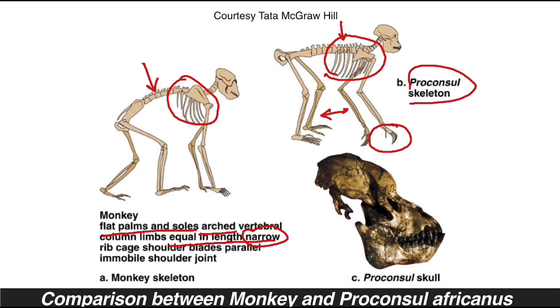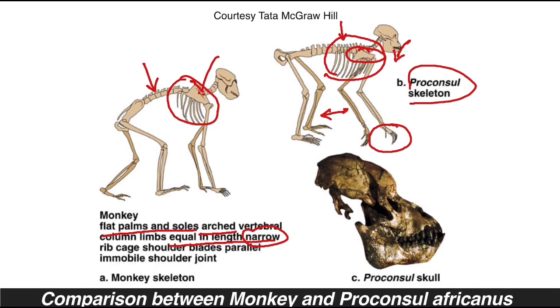Shoulder blades are parallel here in the monkey, but if you see the shoulder blades over here, they are not parallel, they have shifted a little down like what is there in us. Further, the shoulder joint is immobile in the monkey, but here the shoulder joint looks like a ball and socket.